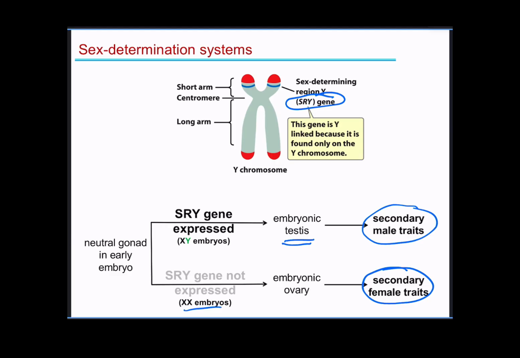So a mutation in the SRY gene is possibly the most obvious scenario in which an XY karyotype will not lead to male anatomy in humans or mammals in general. But that's not the only one. There's a series of events that take place here, all of which depend on the production of certain hormones, the reception of those hormones, the response to those hormones.